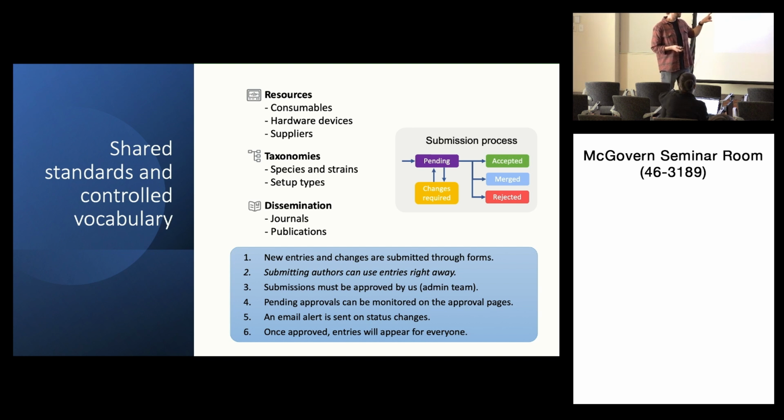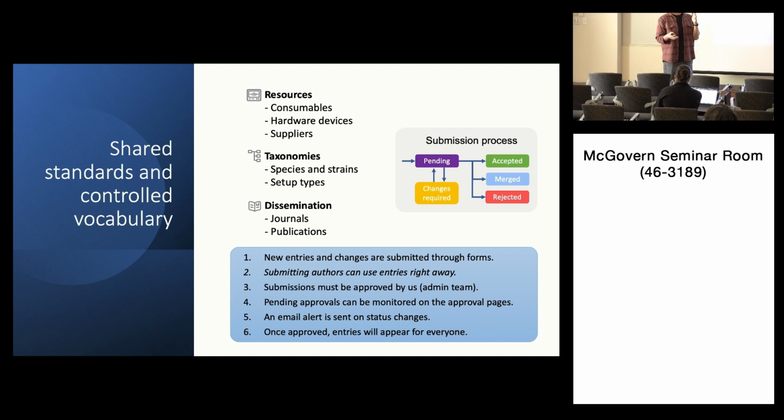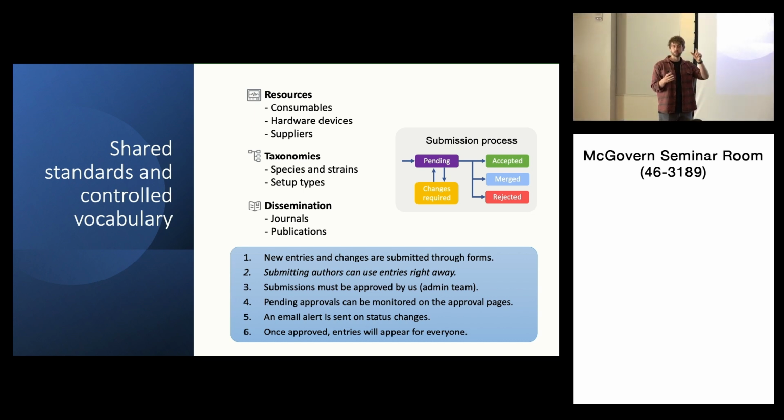If it's something we already have, we suggest to merge, and then you get 30 days to merge your entry if you want to. You don't have to. And rejected is the same thing. If we think this is not something that's really meaningful, we can reject, and you get 30 days to change that specific string, before it becomes a generic entry.